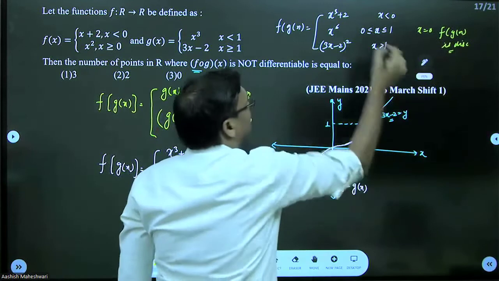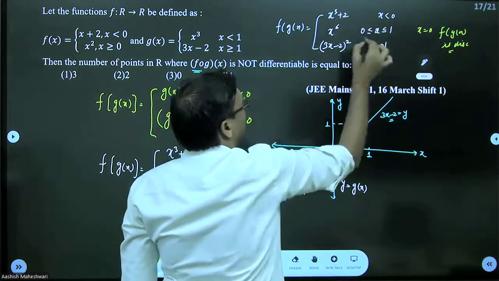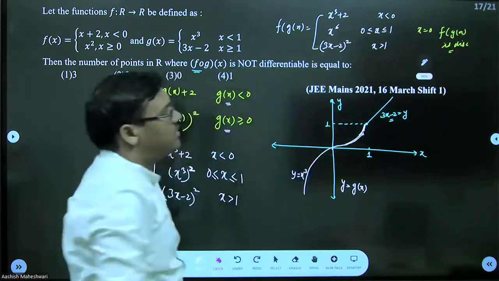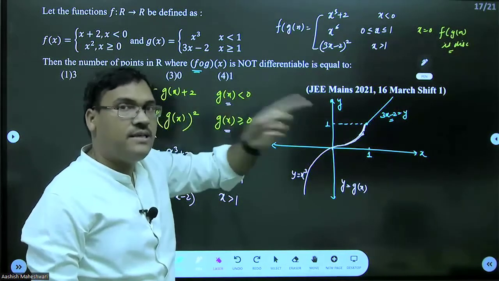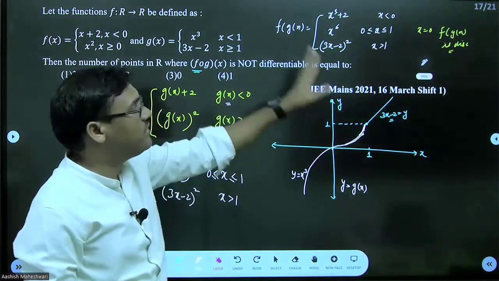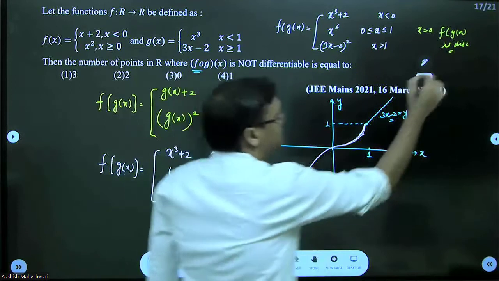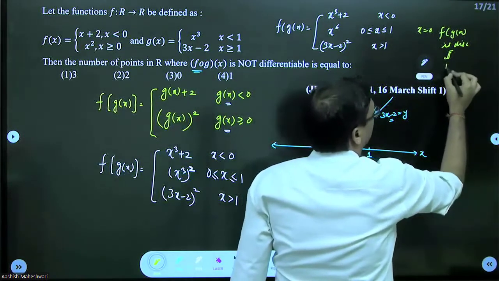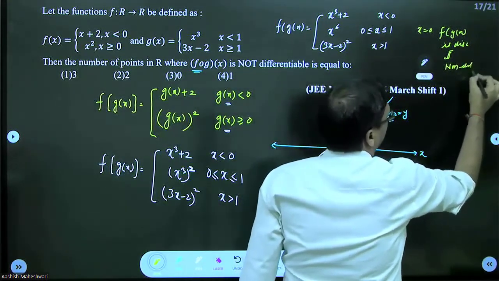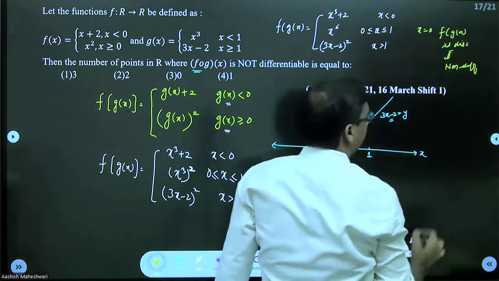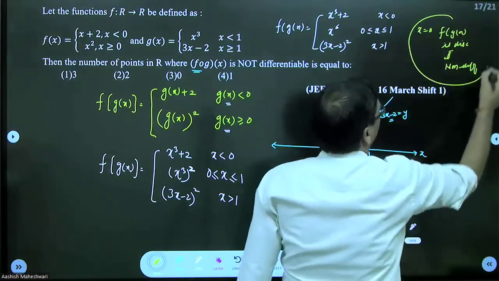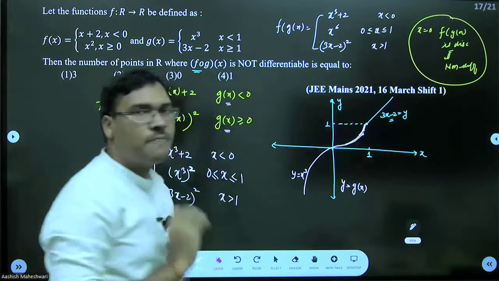Check once again: at 0 minus this is equal to 2, at 0 plus this is equal to 0. Both are not equal. LHL and RHL at x equal to 0 are not equal. That means this is discontinuous, and if this is discontinuous, this automatically implies this is non-differentiable at x equal to 0. Okay. So one point of non-differentiability is x equal to 0.